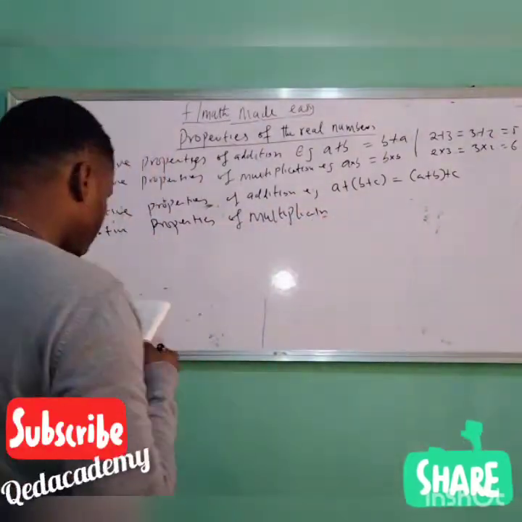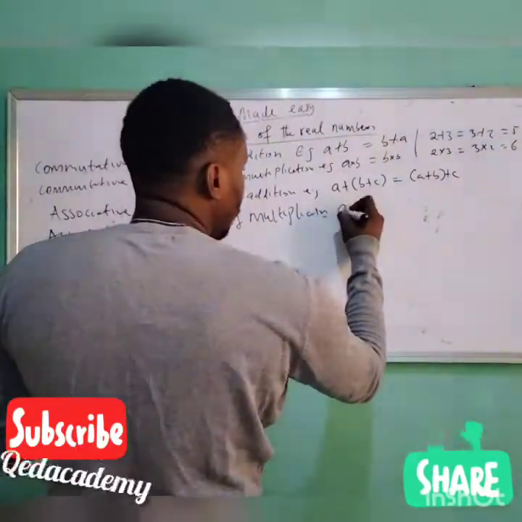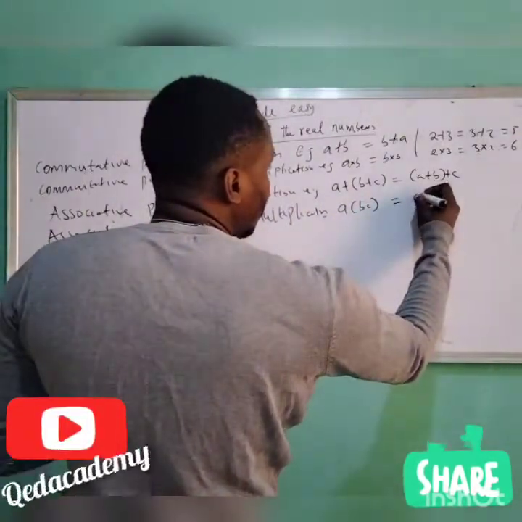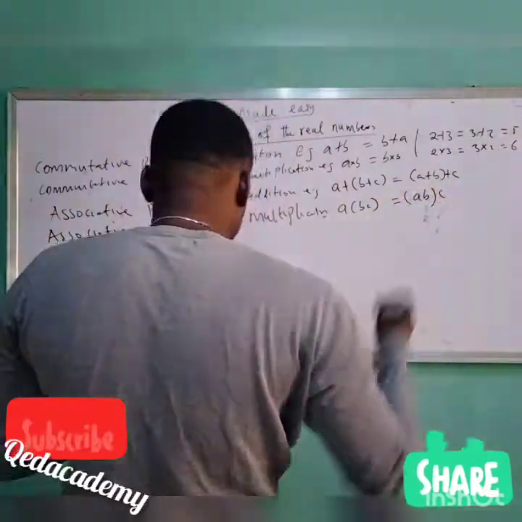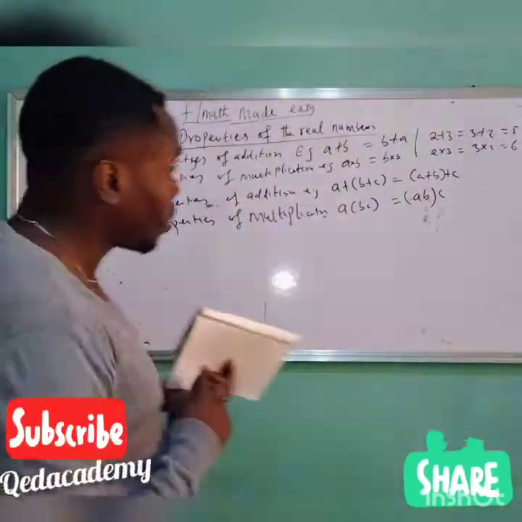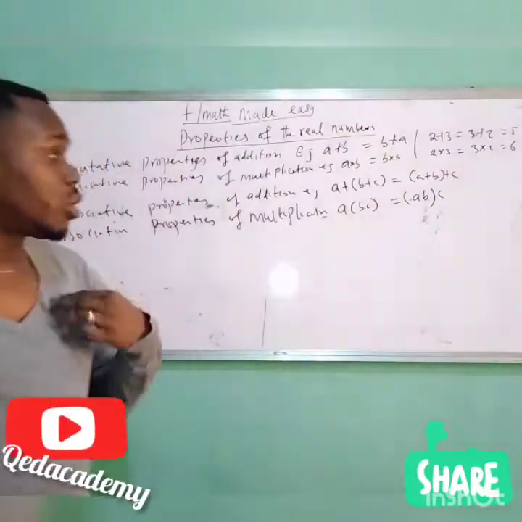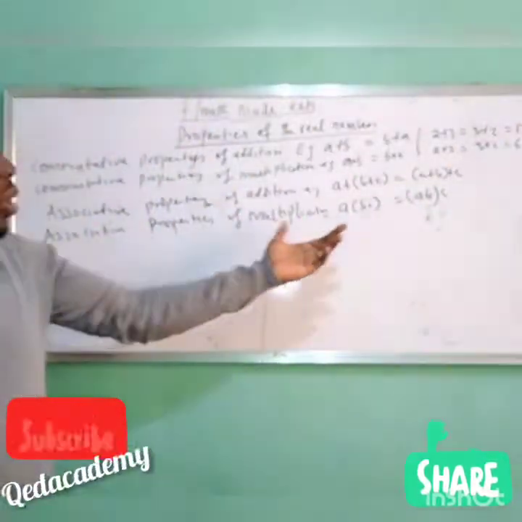So that will give you a b c equals to what? A b c. Now how does this work? There are several ways you can apply this. This is also used when you talk about opening a bracket and all of that.